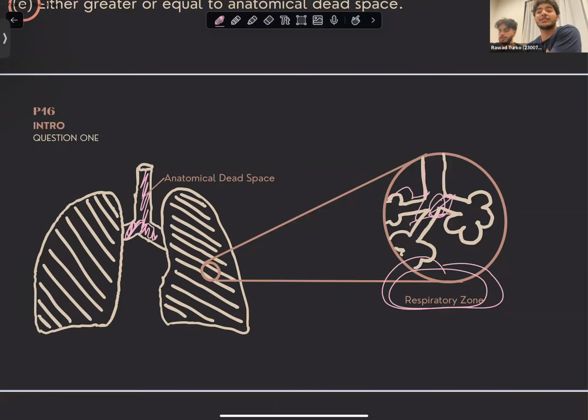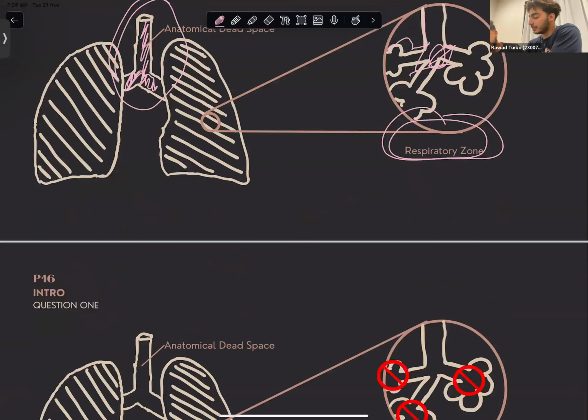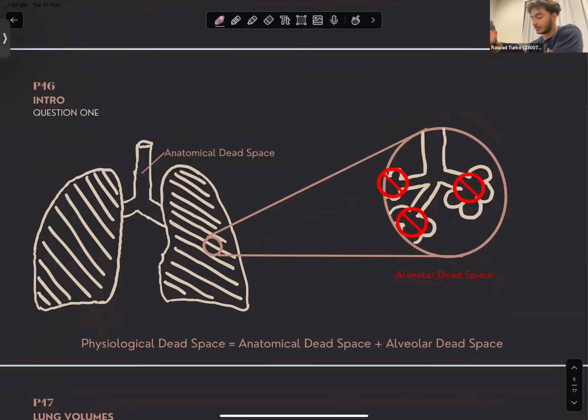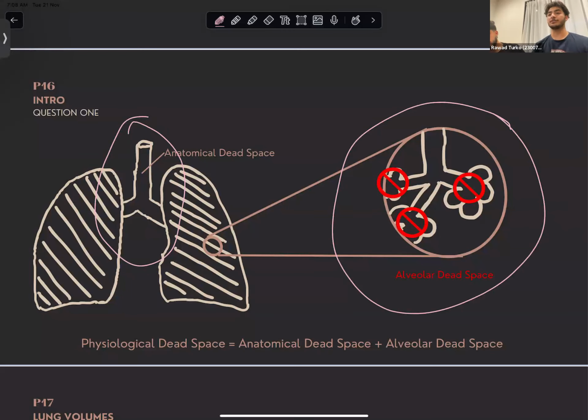There's no longer any gas exchange happening here either. So now your physiological dead space would be the same anatomical dead space you have here, plus whatever alveoli are blocked. This then becomes alveolar dead space, and this gets added to the physiological dead space. So your physiological dead space would be your normal anatomical dead space plus your alveolar dead space.